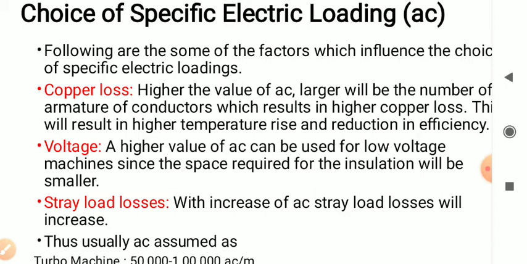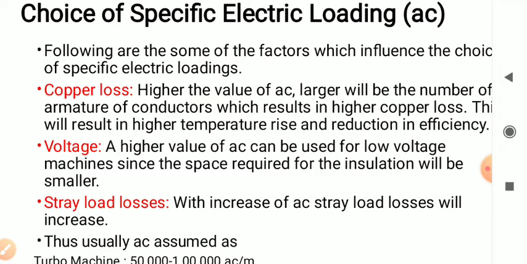Obviously, if the electric loading, that is ampere conductor per meter, is higher in value, then the current in the armature becomes higher, which causes a large copper loss and results in temperature rise also. So, ultimately there is a reduction in efficiency.